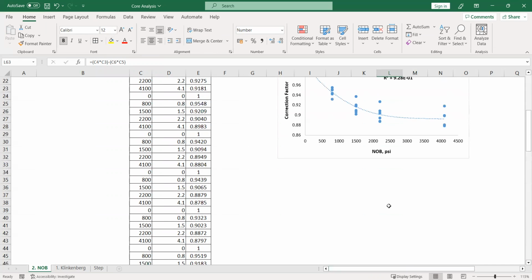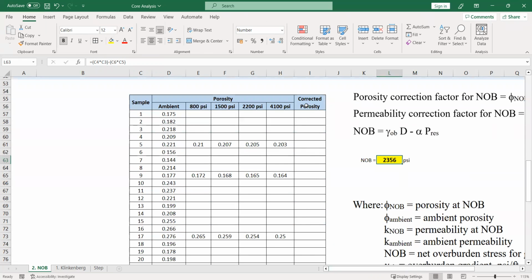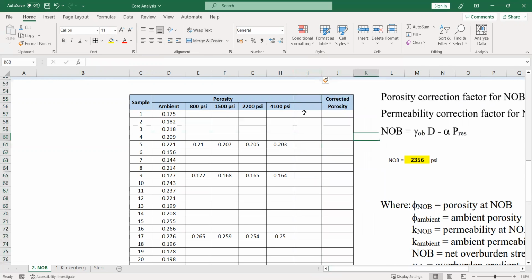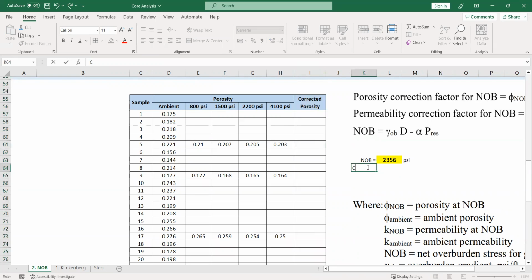All right, and then, yeah. So now we will get correction factor with the known NOB. And of course, with that, we will use it to calculate the corrected porosity. So maybe just use this correction factor.